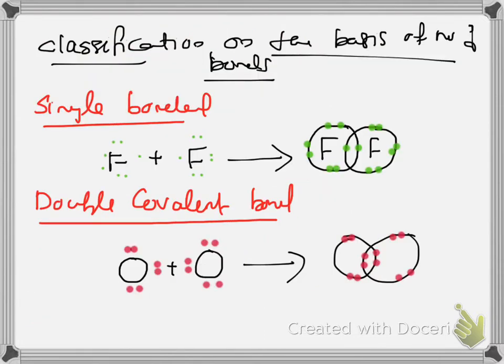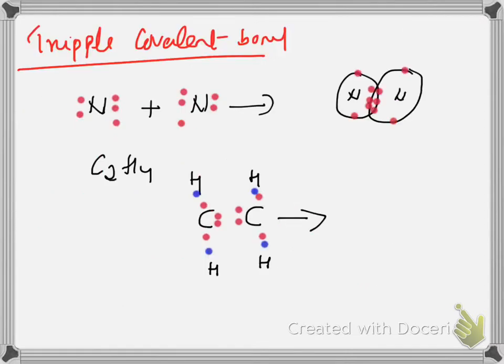Next is classification on the basis of the number of bonds. Depending on the number of covalent bonds between two atoms, they can be classified as single bonded, double bonded and triple bonded.